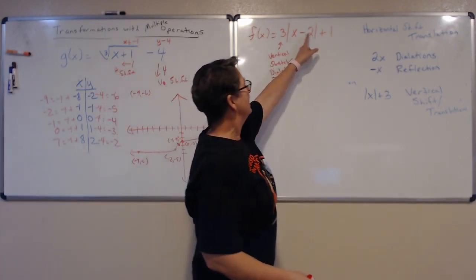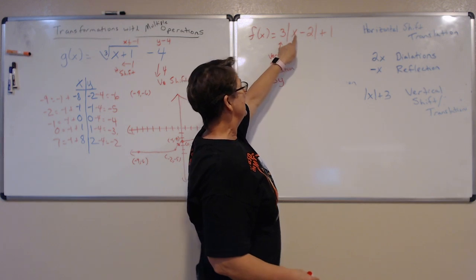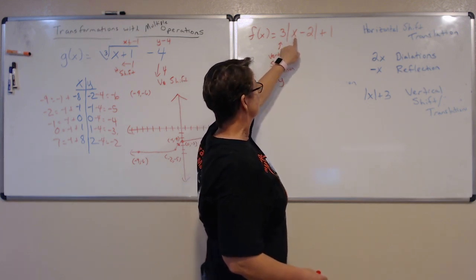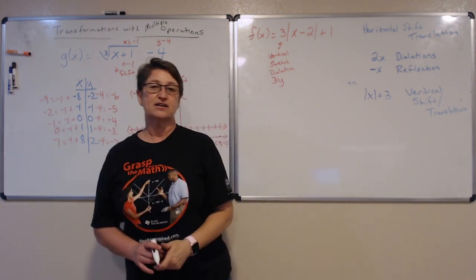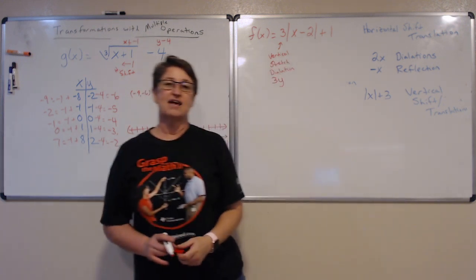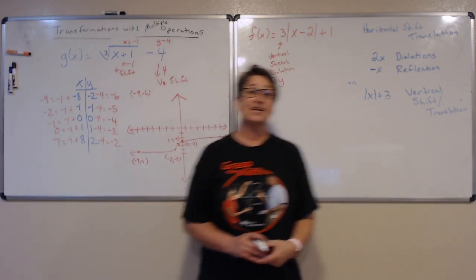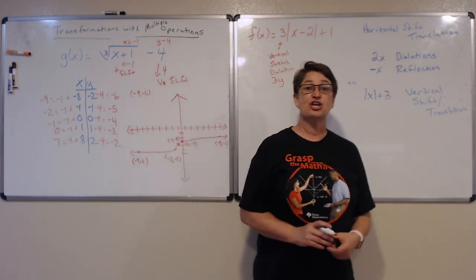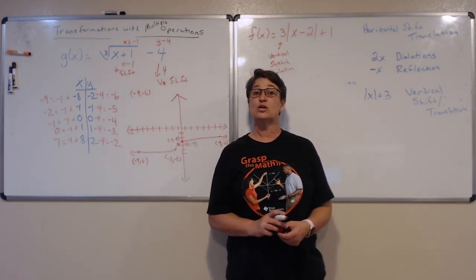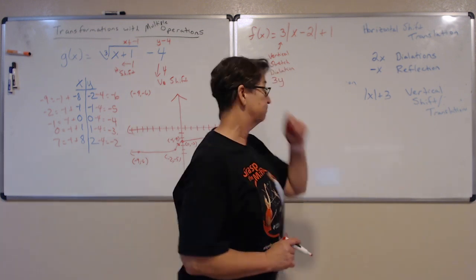Then inside here, it's affecting the x values. So I'm going to take each one of my x's. I'm thinking on my x values, x-axis, and my x-axis goes this way. So it's going to affect it horizontally, and it's just going to shift it over horizontally. Which direction? Think about those x's.